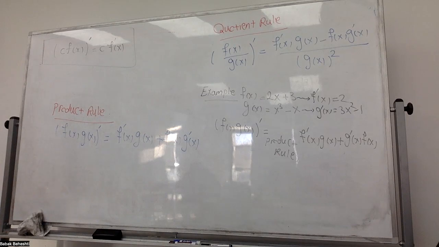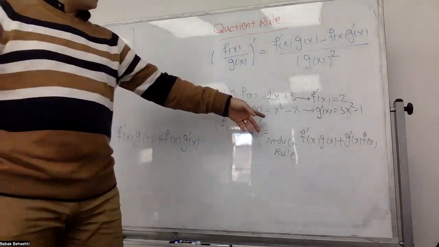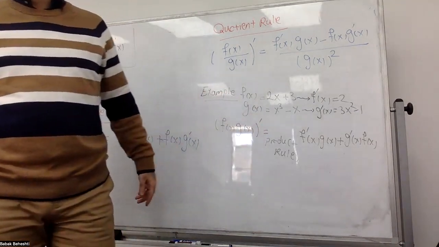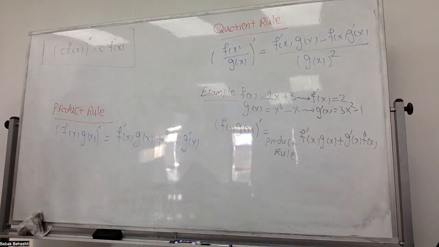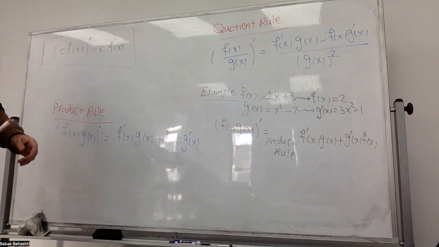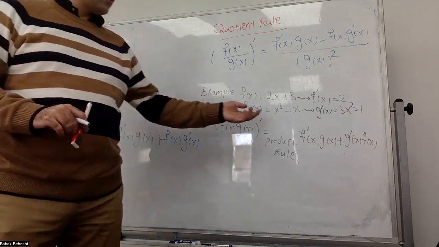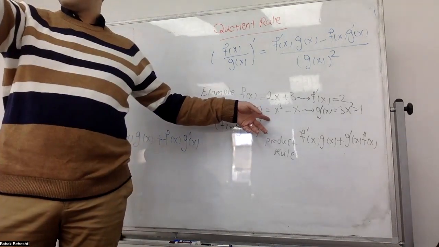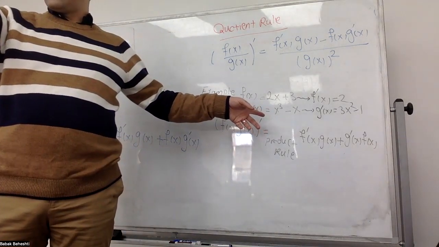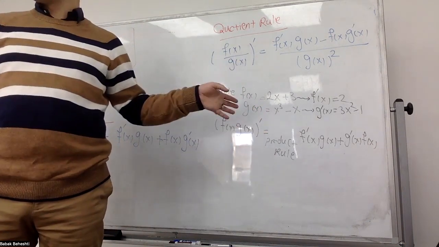Wait, why is it 3x squared? Because in general, I told you the formula, x to the n. Actually, you computed the derivative. You did this example. How did you get it? First of all, we computed x cubed in one of the examples.